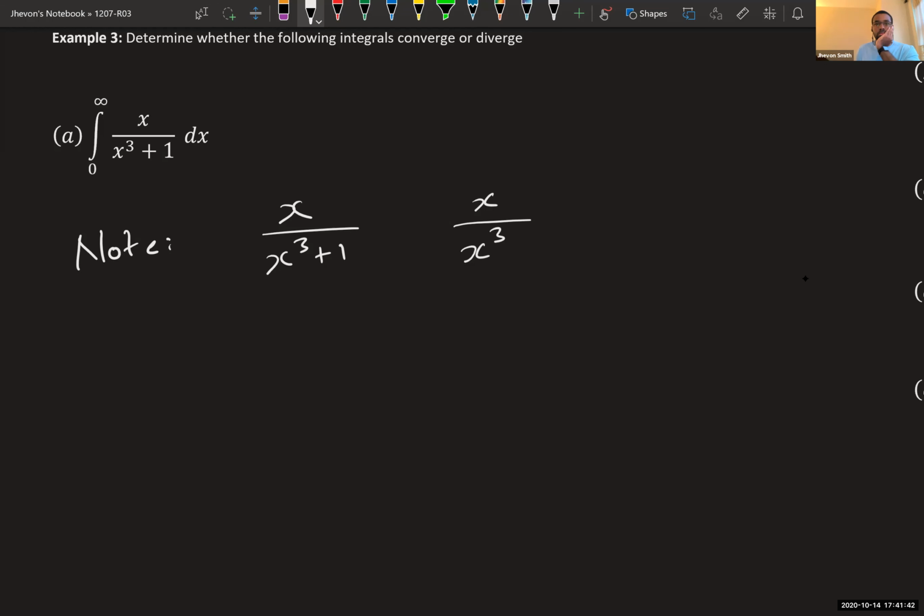The left one is bigger. The one on the left is bigger? How do you know? Because they're basically the same, and then the denominator would just be 1 greater for any value of x. Yeah, so a bigger denominator in general, if both are positive, leads to what? It makes it smaller. So the larger denominator is going to make it smaller, right? And again, that's an intuition that we got from limits.